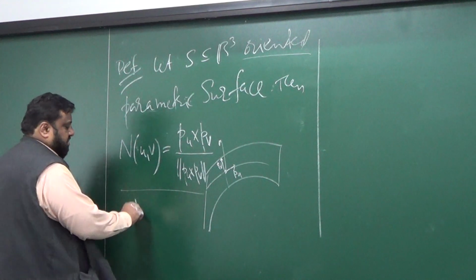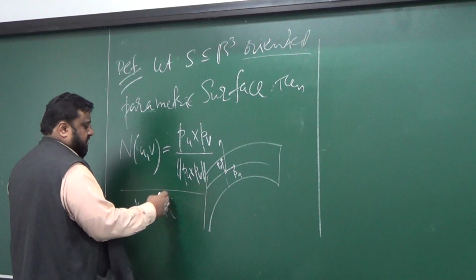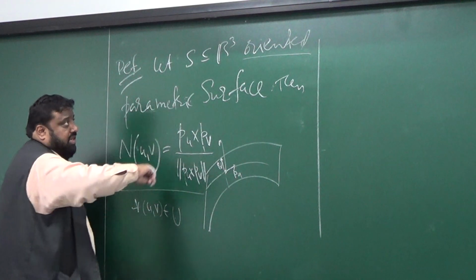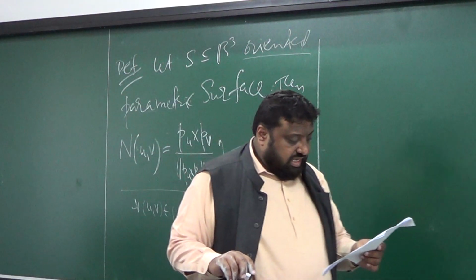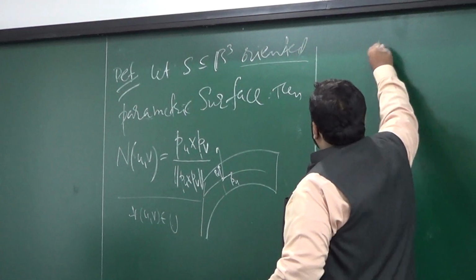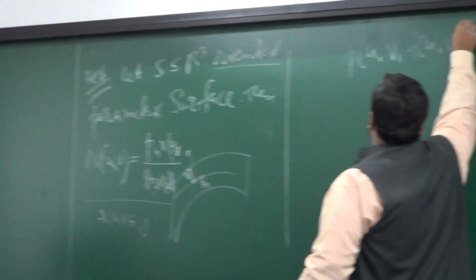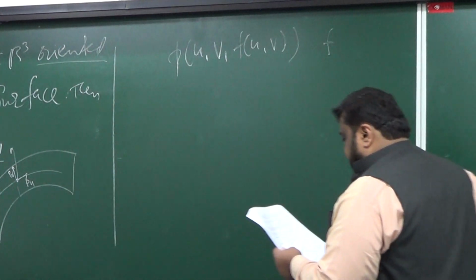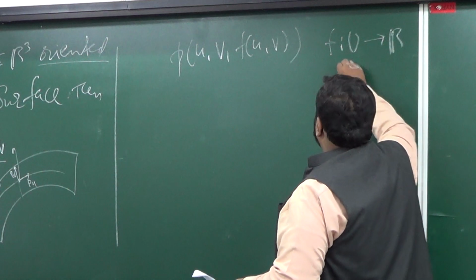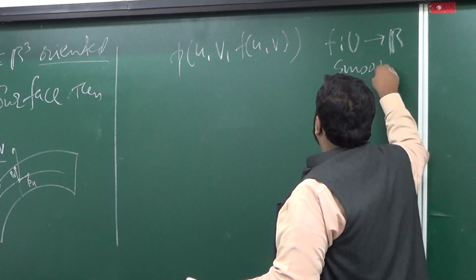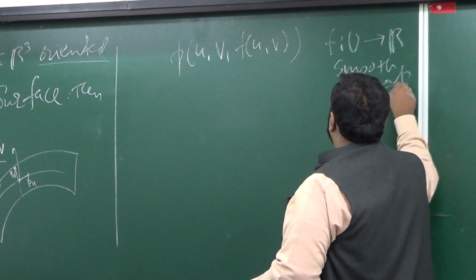I must say that this must be true for all u and v in the domain, whatever the domain of the function is. Okay. So imagine you have this patch. Imagine f from U to R is a smooth map, and U is a subset of R2.